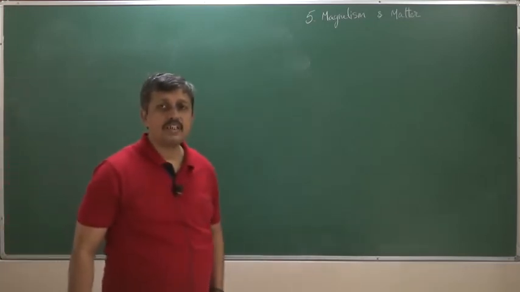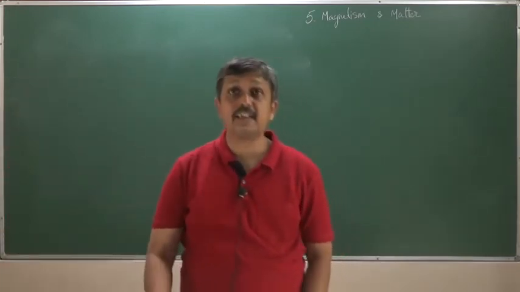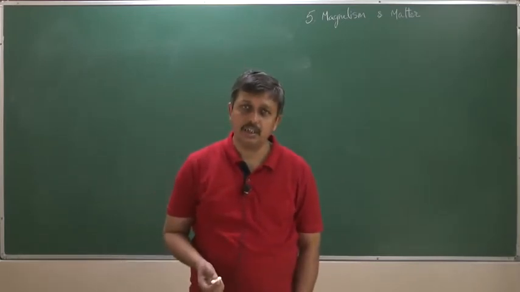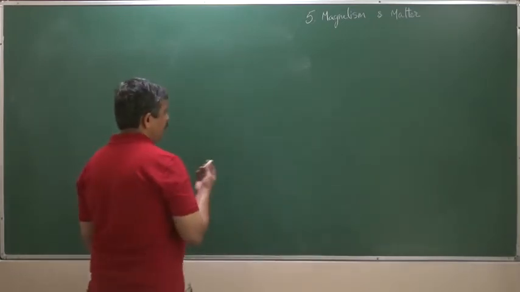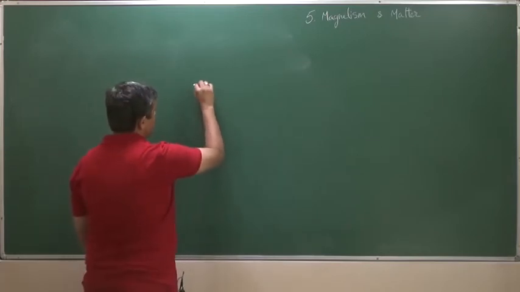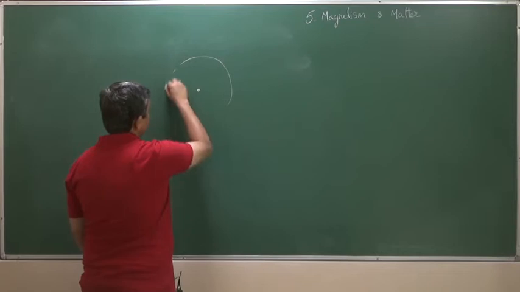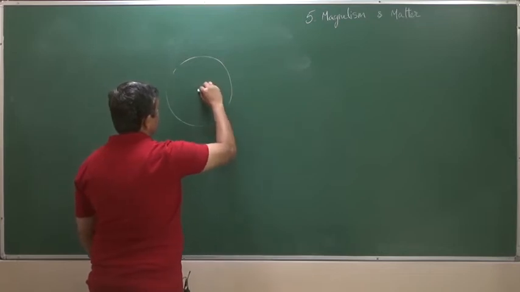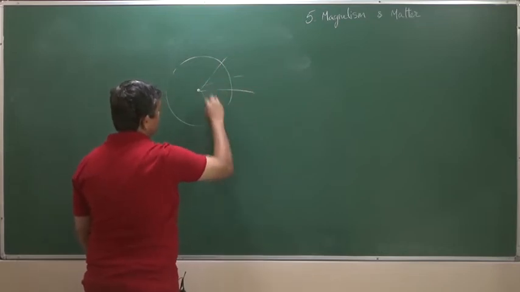You all know what Gauss law is. In electric field, what was the Gauss law? Let's say I have a charge and the charge gives rise to a certain electric field like this.